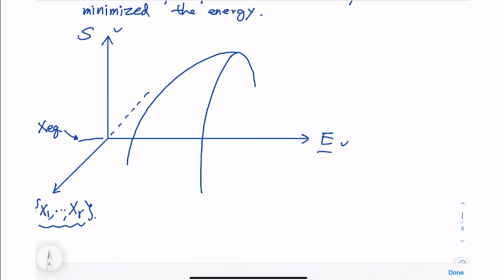Okay. So when we are using the entropy scheme, basically what we are talking about is that if we give a specific energy, for example, let me call this E star.